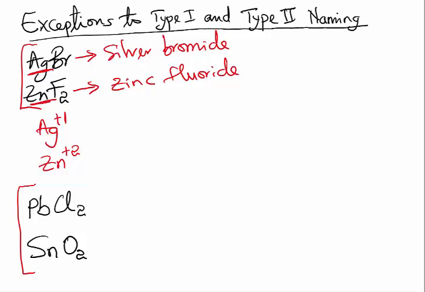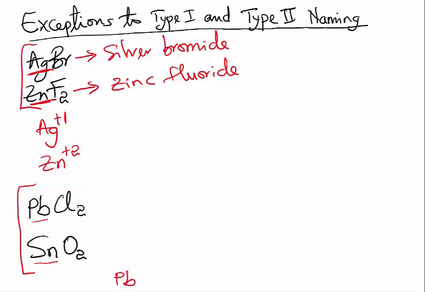And you may be tempted to name SnO2 as tin oxide. Please do not. The reason is because these two elements, lead and tin, have multiple charges.